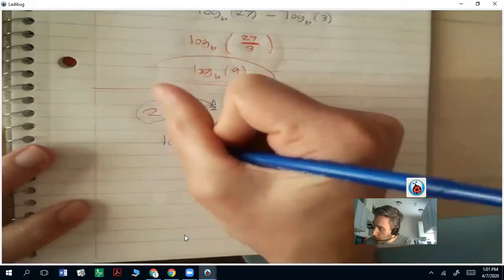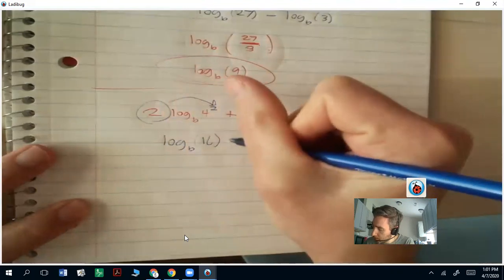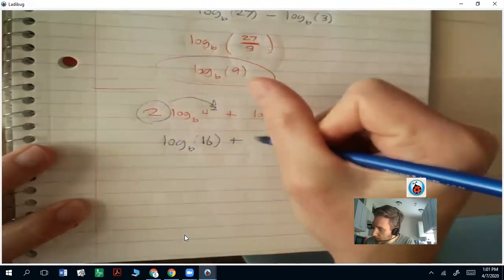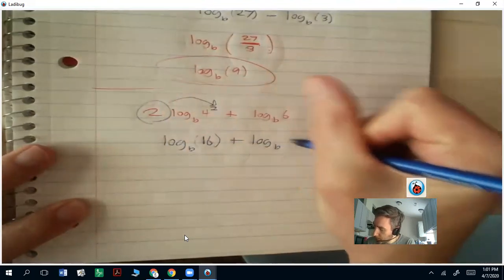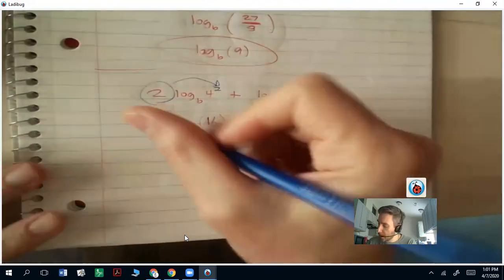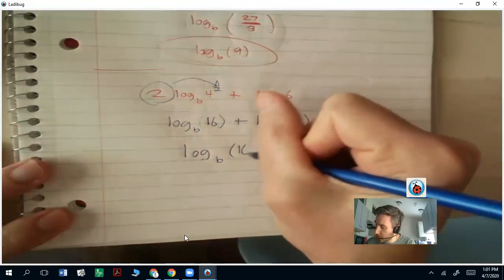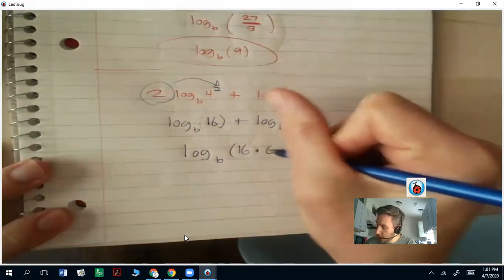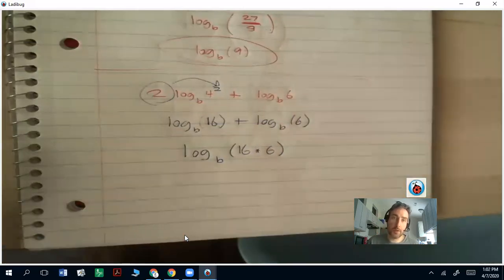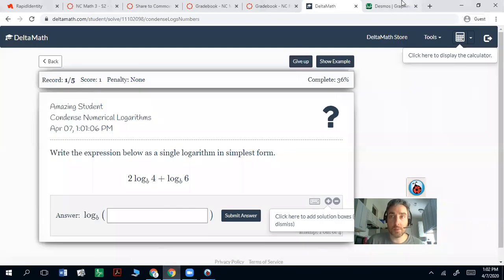So it's going to be log base b of 16 plus log base b of 6. Plus will turn into multiplication when you write it as a single log. So it's really going to be log base b of 16 multiplied by 6. But because you are able to multiply 16 and 6, it's going to need that as a simplified number.